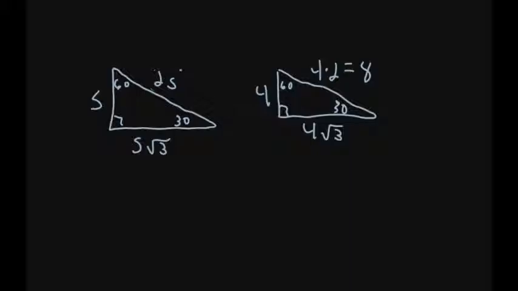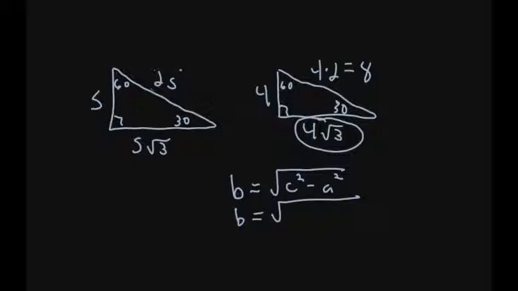So we can put this into the formula and test it out. If I wanted to prove that this is 4 square roots of 3, I would do B equals the square root of C squared minus A squared. So put the numbers in there: the square root of 8 squared minus 4 squared. 8 squared is 64, 4 squared is 16.